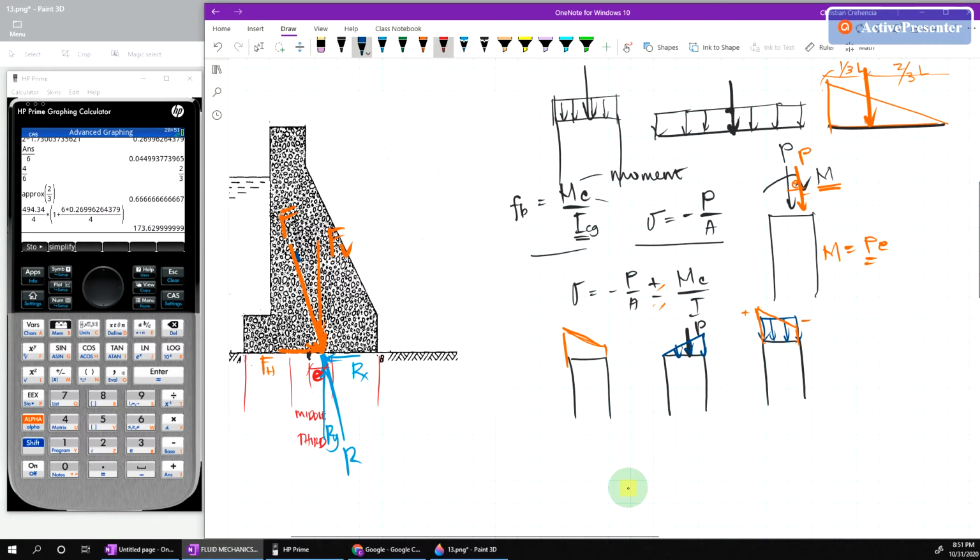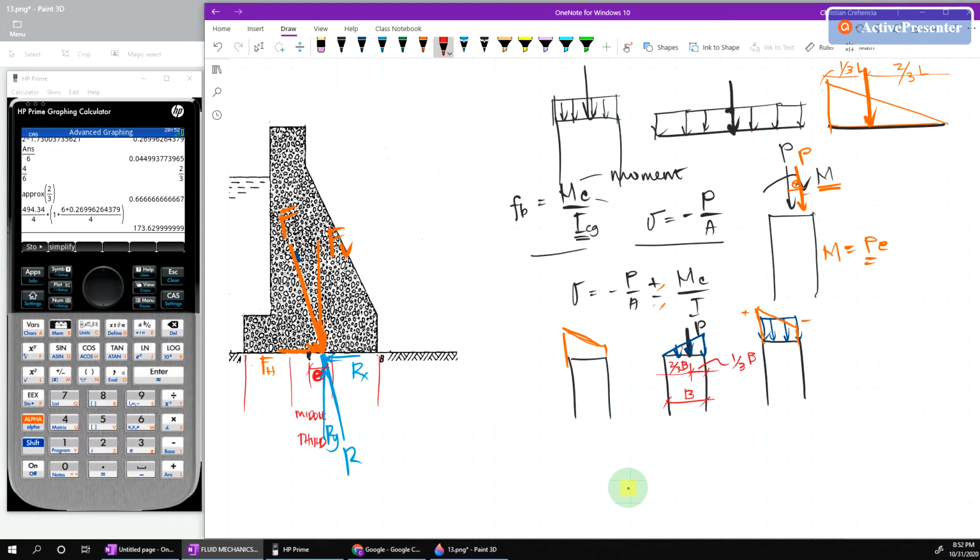Okay? So, if this is located sa 1/3 nung, let's say, nung width B, itong column, then itong kabila is 2/3. Okay? Then, yung pressure natin will be triangular. So, same lang dito. Okay.